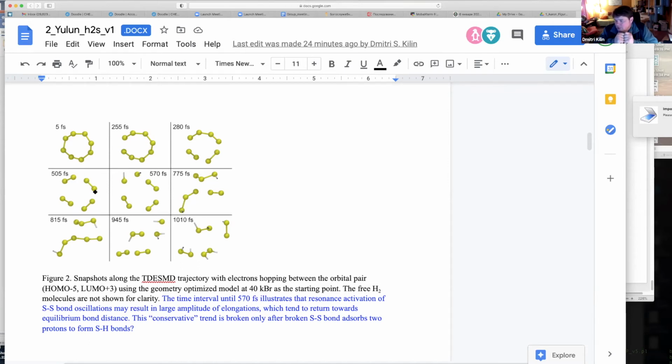And maybe the system has enough energy to exceed typical bond lengths, but it still will re-attract back until the broken bonding is stabilized by protons.